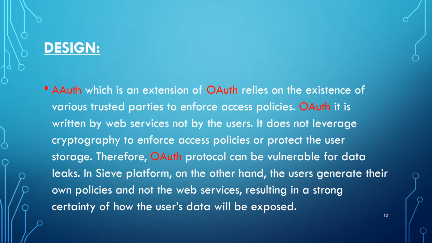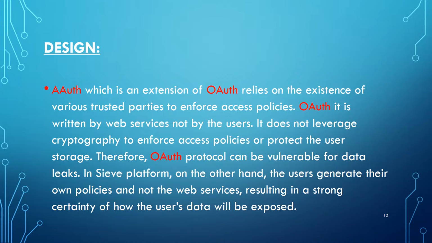OAuth policy is written by the web service, not by the users. As you can see here, the user doesn't have any control. It does not leverage cryptography to enforce access policies or protect the user storage. It's not strong on that.